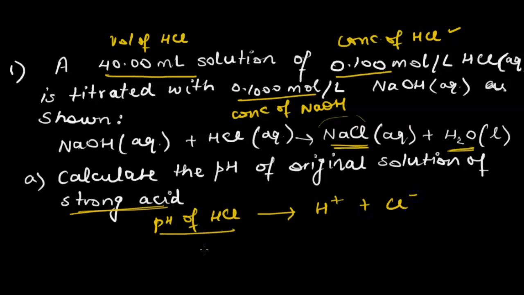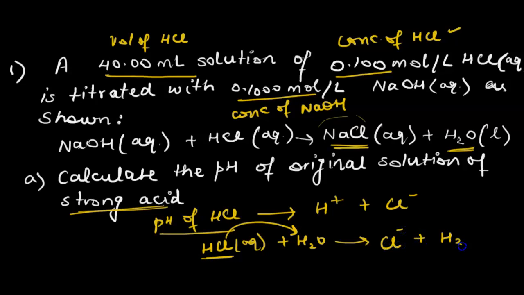Because it is aqueous, it is dissolved in water, and water is the one that is going to take up H positive ions or give off H positive ions depending upon whether it is acting as an acid or base. Here HCl is an acid, so HCl is going to give off H positive ions to H2O, will itself become Cl negative and will yield H3O positive ions.